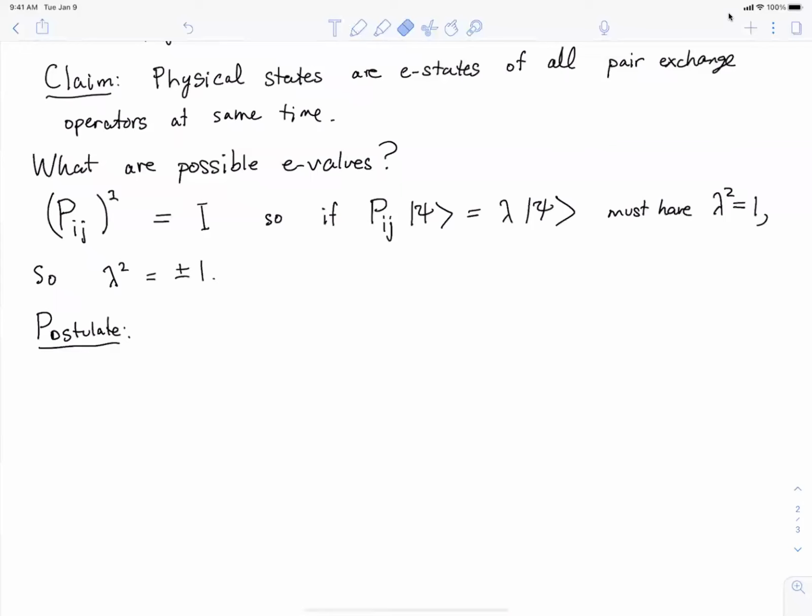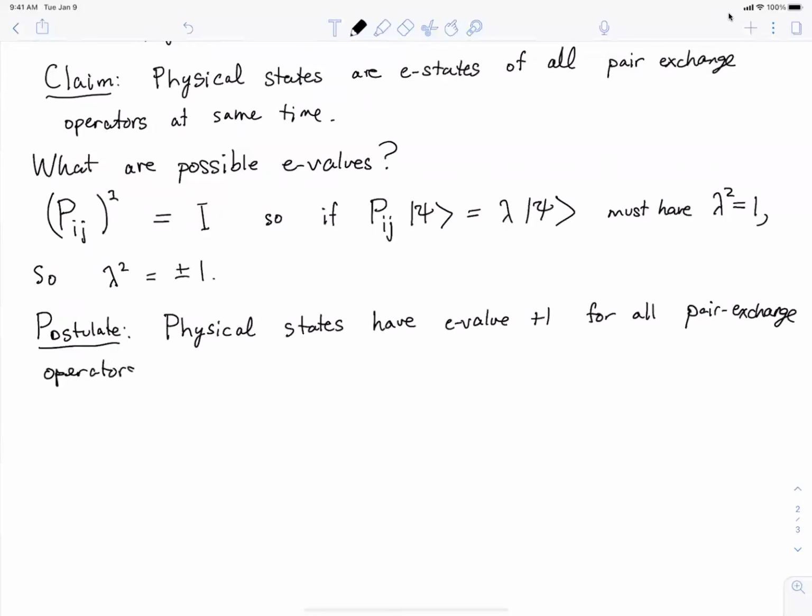So the postulate is physical states, as opposed to just mathematical kets that I could write down, have eigenvalue plus 1 for all pair exchange operators, for identical bosons.